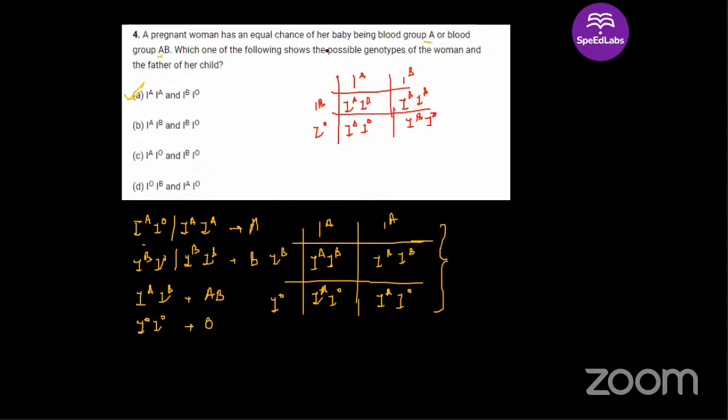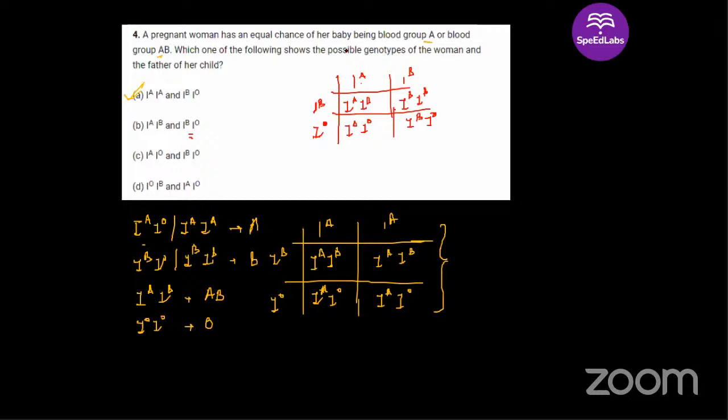In the question, you just have to focus on the horizontal and the vertical ones. Here we have taken IA and IB, and here we have taken IB and IO for option B. Now why is this option eliminated?